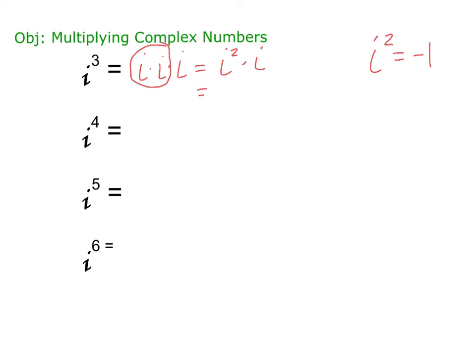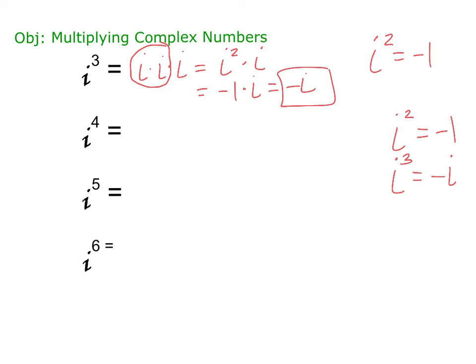We just said that i squared is negative 1. So negative 1 times i is negative i. So that's our answer. i to the third equals negative i. So i squared is negative 1, i to the third is negative i.